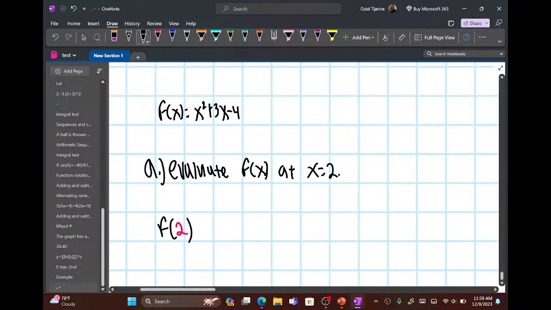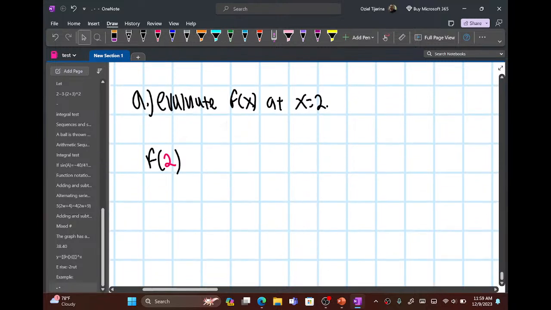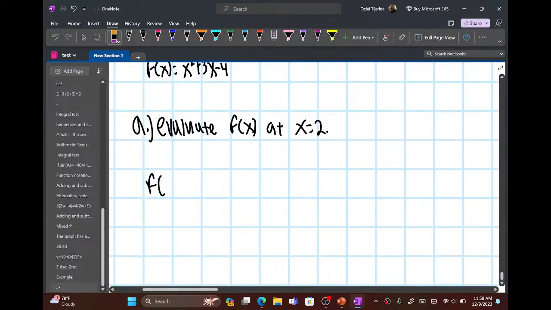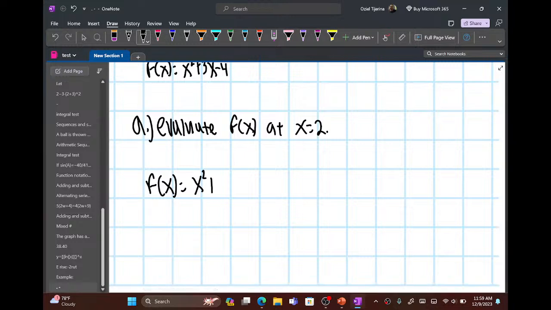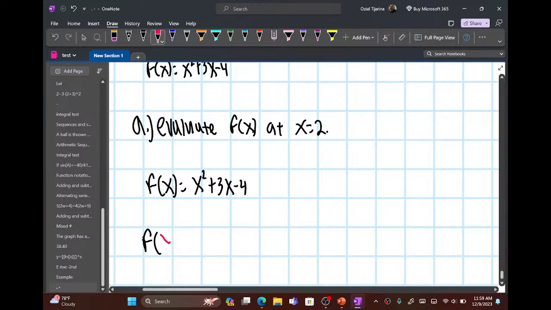So f of 2, again, we have our function. I'm going to rewrite it in the following way. We have f of x equals the quantity x squared plus 3x minus 4.